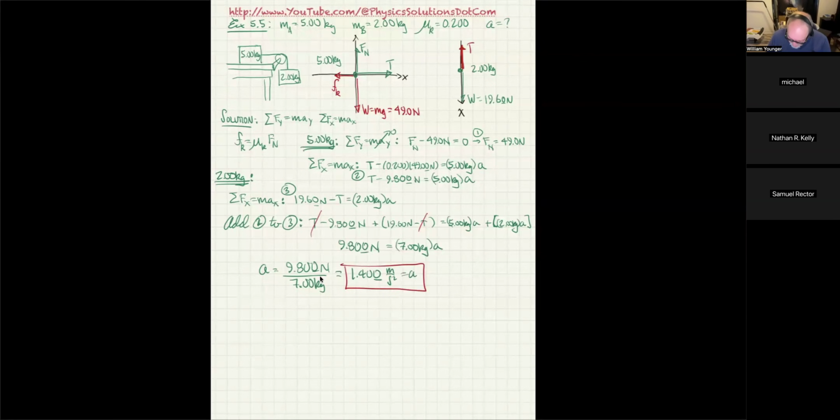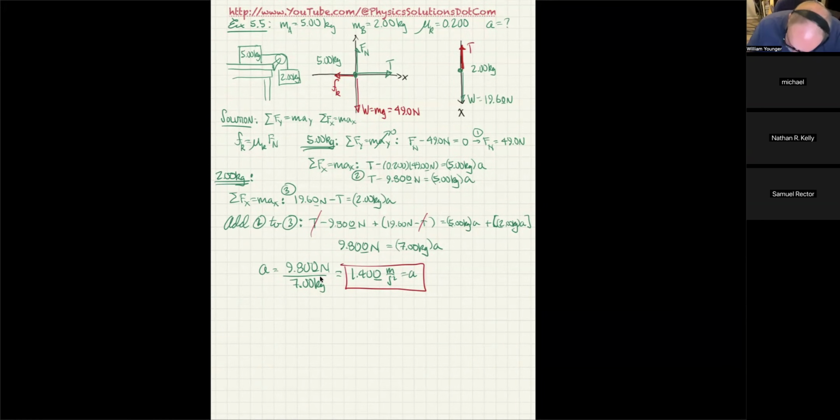All right. So it's pretty straightforward. Now, just to show you how this is done, once you've got that, then you can plug the A into equation 2 or equation 3, and that'll allow you to figure out the tension. So I'm going to do that now. And in fact, since equation 2 has the T with a positive sign already, I'm going to use equation 2.